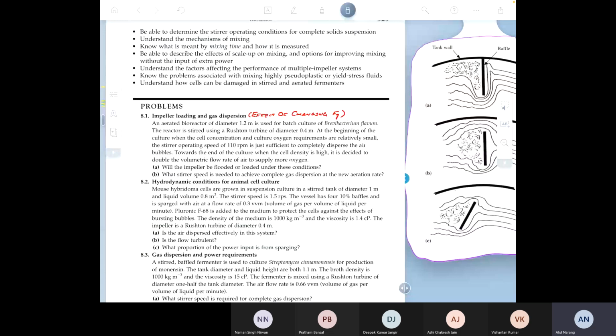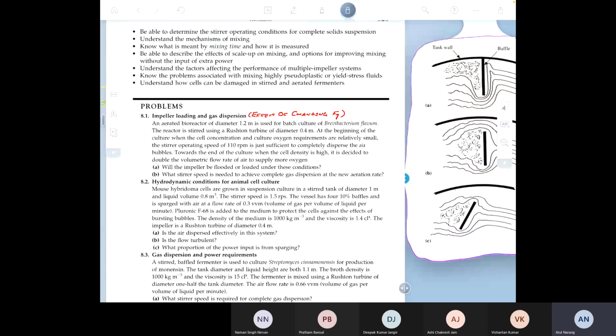But then it says towards the end of the culture, when the cell density is high, it is decided to double the volumetric flow rate to supply more oxygen. So now you've simply doubled it. And the question being asked is, if the flow rate doubles, will the impeller be flooded or loaded under these conditions?